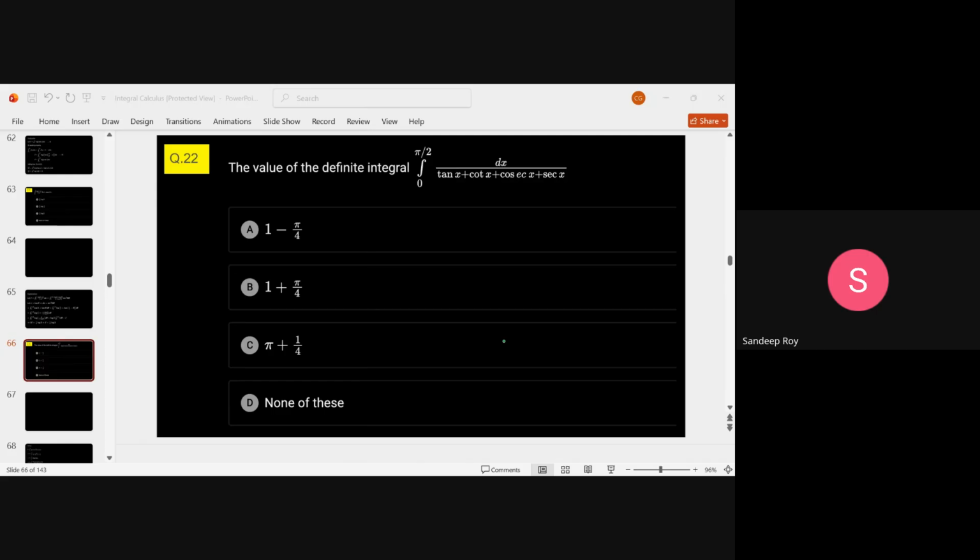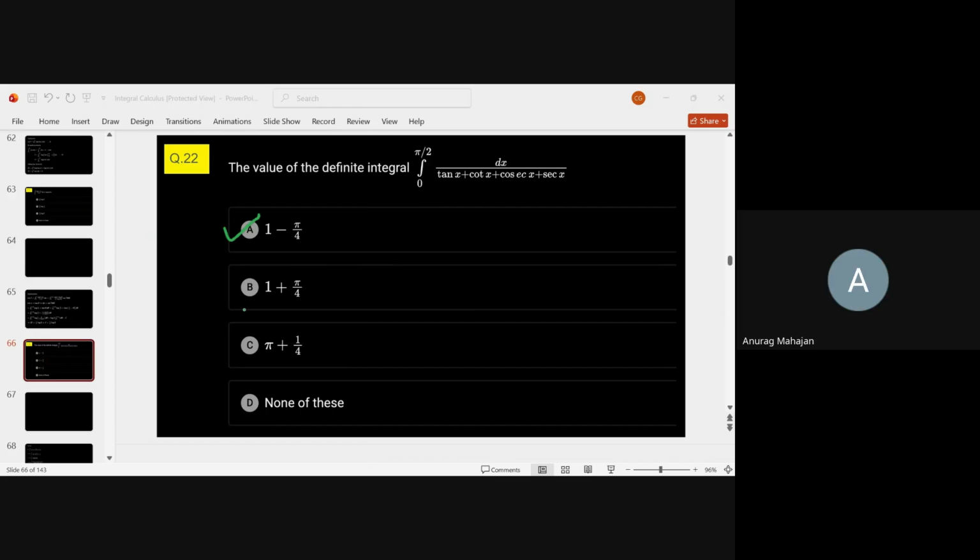Convert sin x, cos x both into the form of x by 2 using the tan formula. So the answer for this question will be option A. You can have a look.